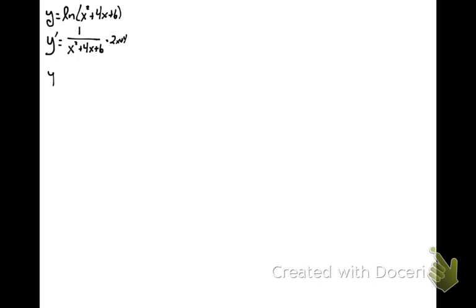I can't really factor, so I'm just going to leave this as 2x plus 4 over x squared plus 4x plus 6. My critical points will be when the numerator equals 0, which is when x equals negative 2, and if the denominator ever equals 0.